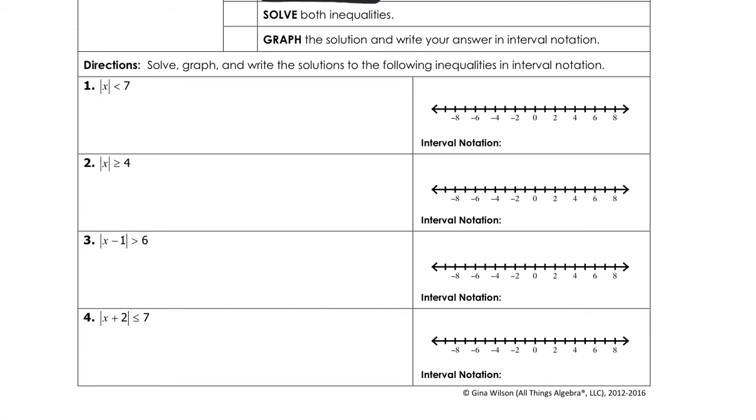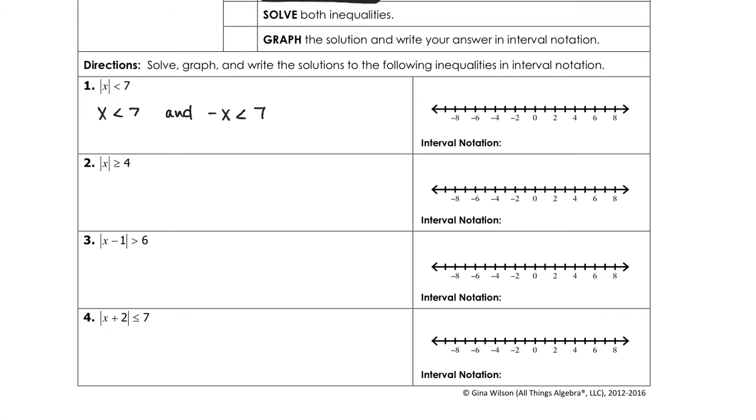So here we go. We have an absolute value less than 7. What's important here is that we can claim, based upon the property of absolute value, that X is less than 7. And because it's a less than, we use the word AND, and we do negative X is less than 7. From here, we solve both of them.